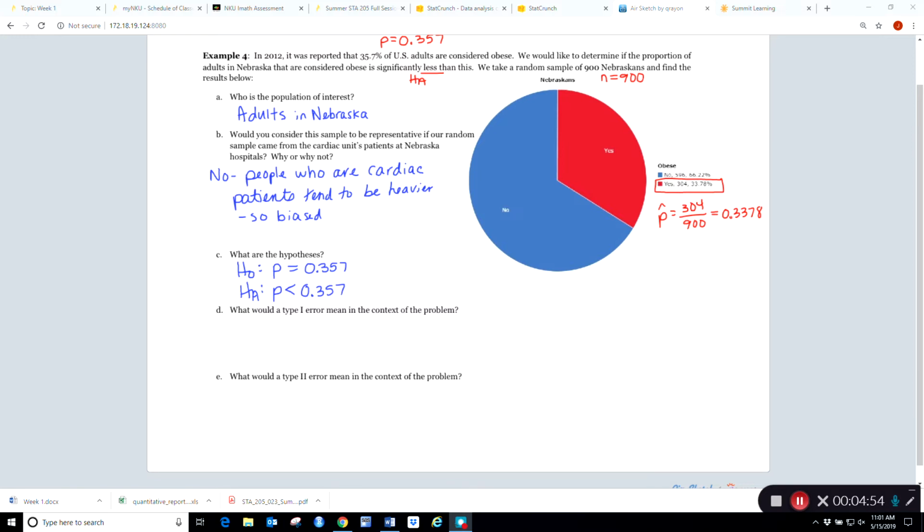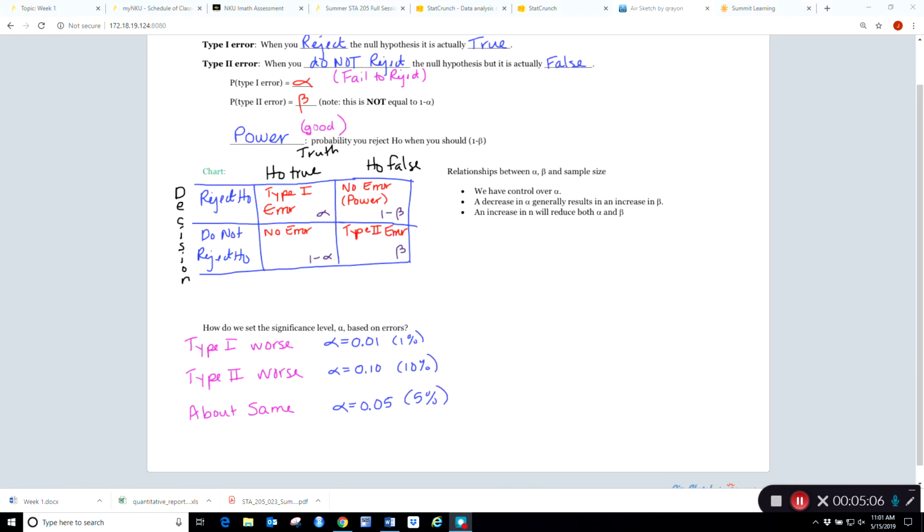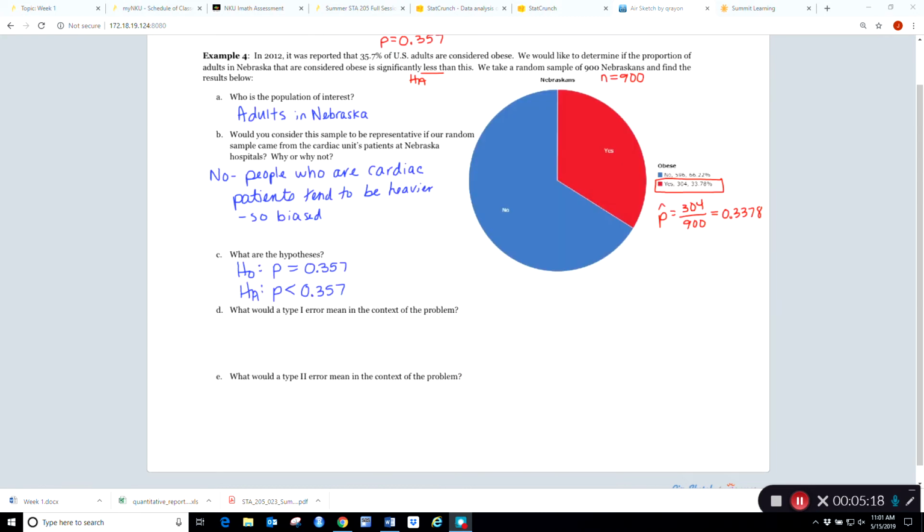Now we're going to relate this back to what we learned in the previous video about type 1 and type 2 errors. What would a type 1 error mean in the context of the problem? Let's first go back and look at what a type 1 error was. It's when we reject the null hypothesis, or in a sense, we believe the alternative hypothesis, when the null hypothesis is actually true.